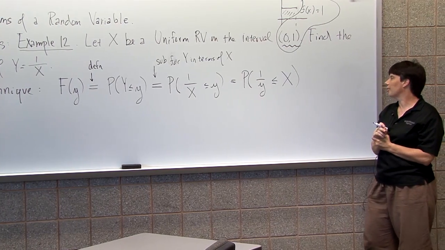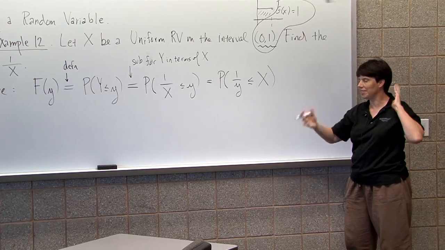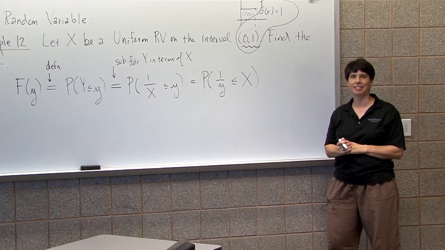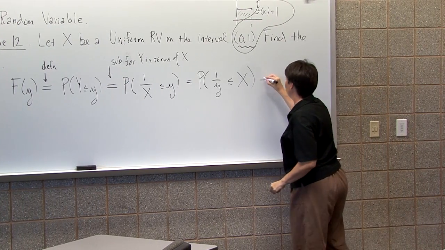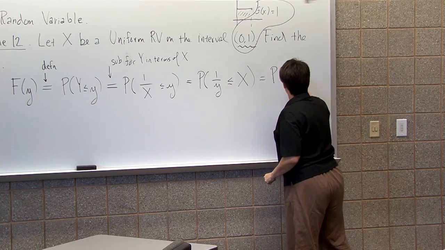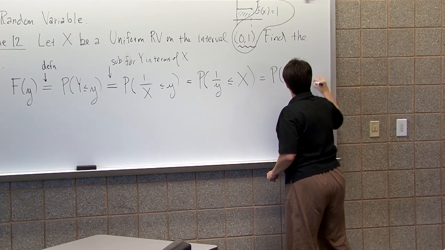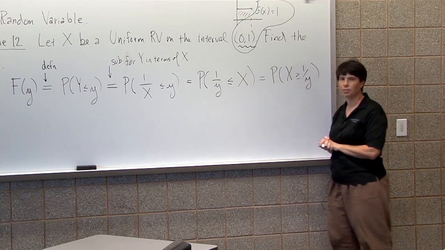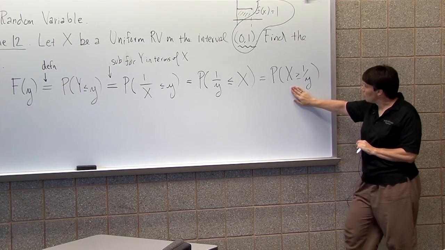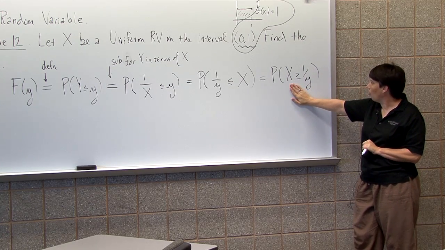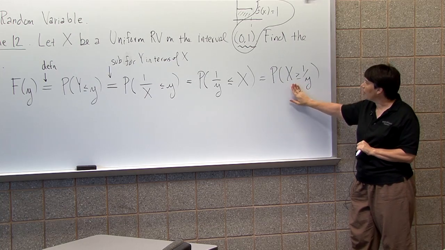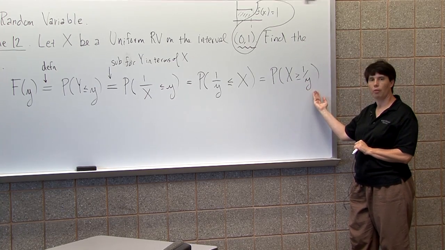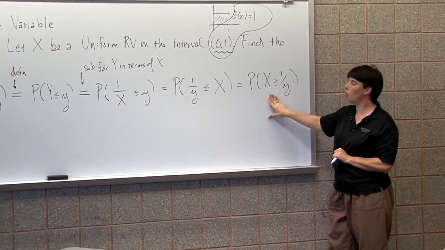Just because I like to look at statements with the x on the left, that's just maybe a psychological thing. I'm just going to rewrite this: x greater than or equal to 1 over y. Same thing, right? I'm just rewriting. Okay, so I know that x is a uniform. And now I'm just trying to find the probability that x is bigger than 1 over y on the interval 0 to 1.